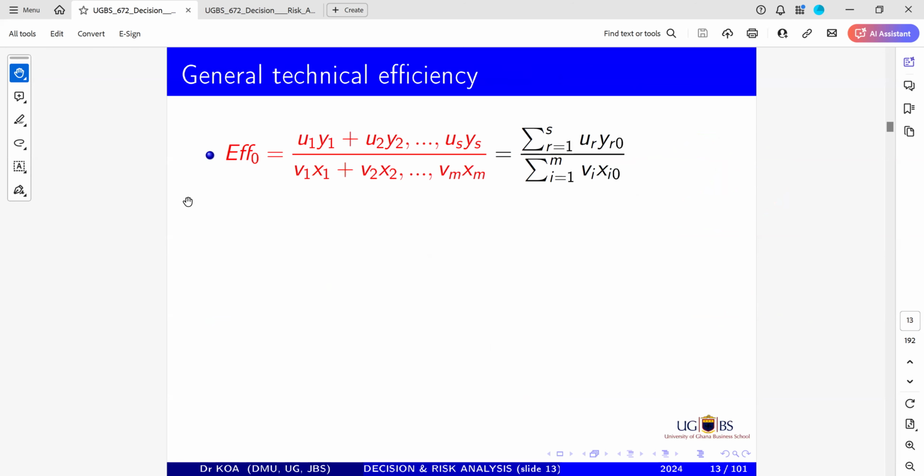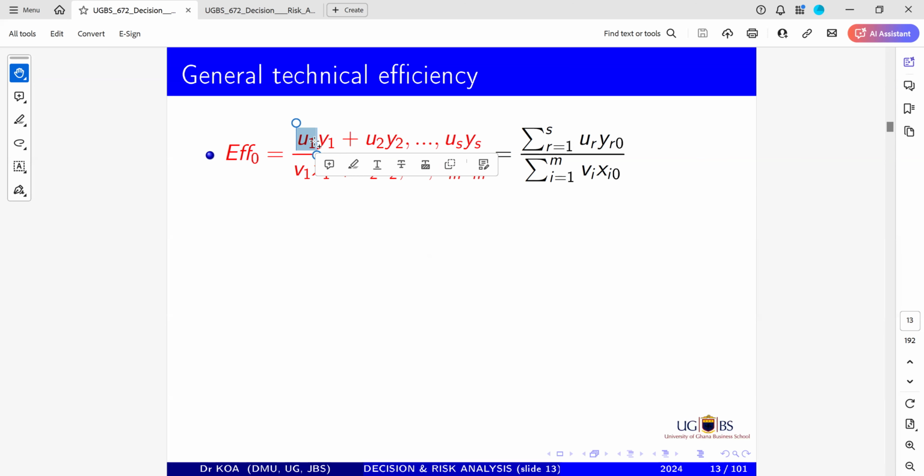This is how you write it. So I take an output, say Y1, and then I attach a weight to Y1, or a multiplier called U1. In other words, this particular output 1 has a weight, an importance, called U1 here.